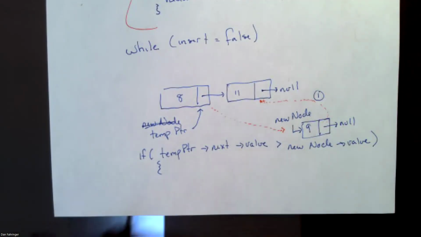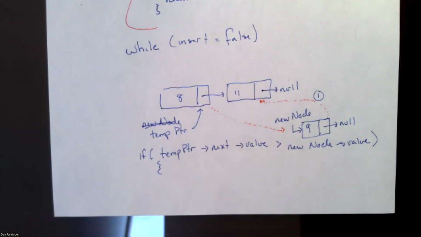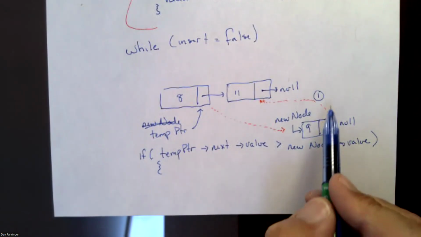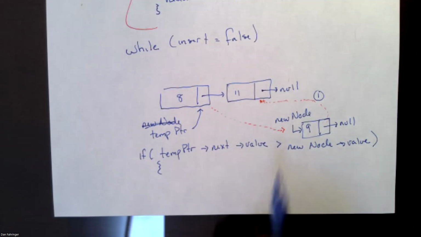And this one is going to be what line of code? I want to know who's got it. I want to make this connection. Is it temp pointer next equals new node?